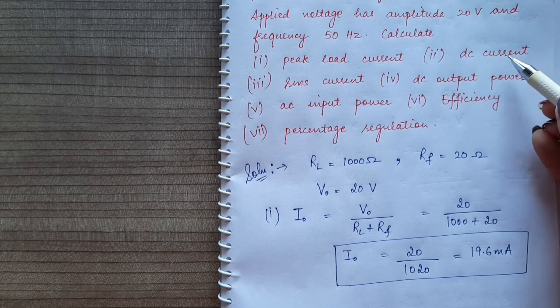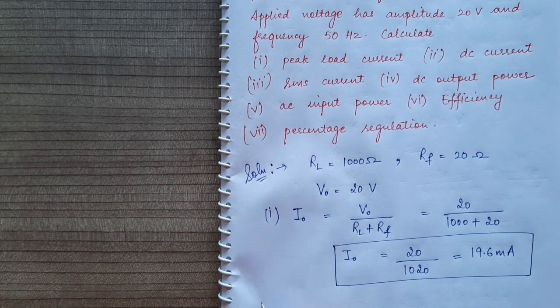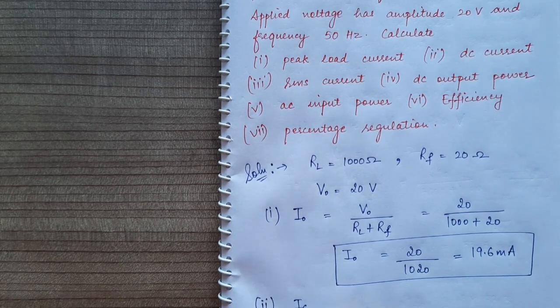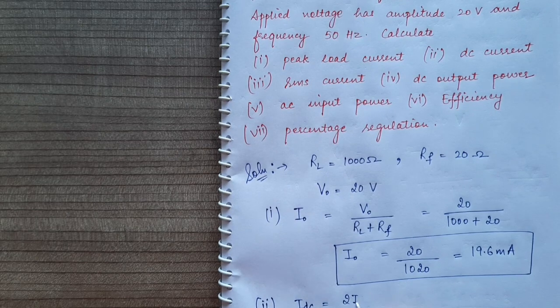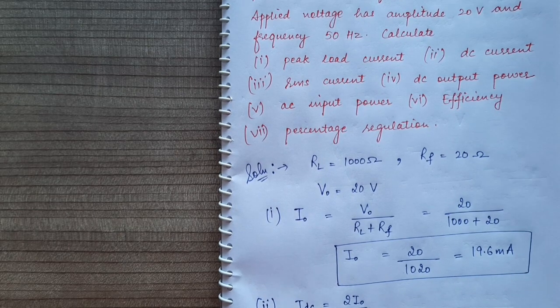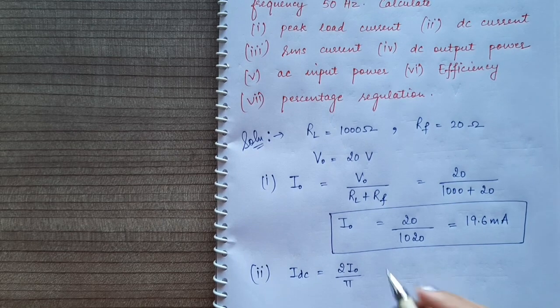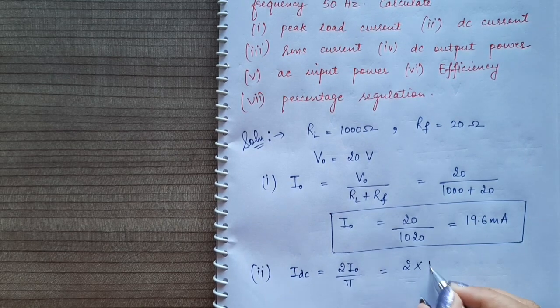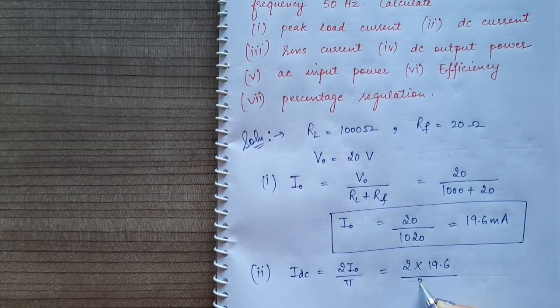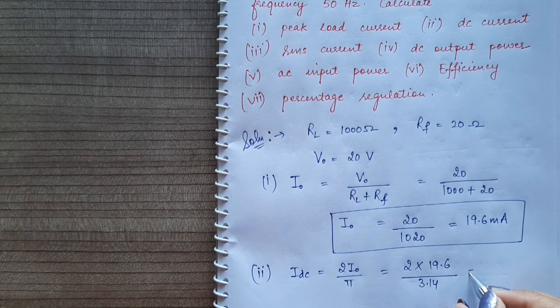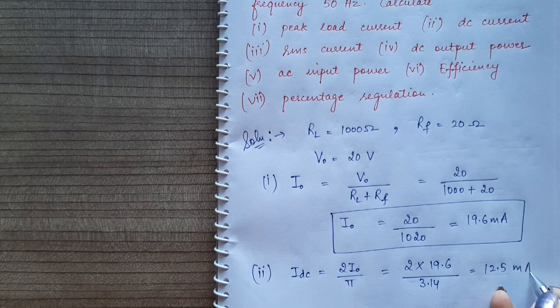Then we have to calculate DC current, which is IDC. We know that IDC is 2I0 by pi in case of a full wave rectifier. So it will be 2 into 19.6 divided by 3.14, which is 12.5 milliamperes.